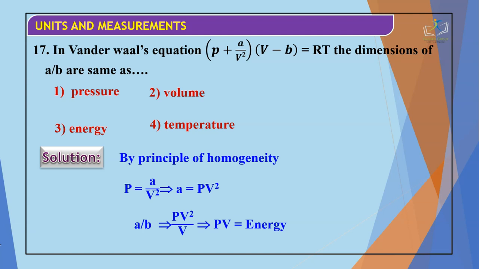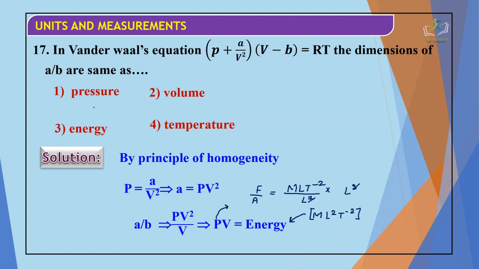How can we relate this term to energy? We can relate this term by the dimensional formula. Pressure is force per unit area, which is M L T minus 2 over area L2, and volume is L3. If we multiply these terms, we get M L2 T minus 2, which is the dimensional formula for energy.